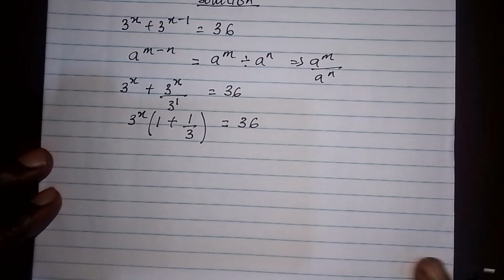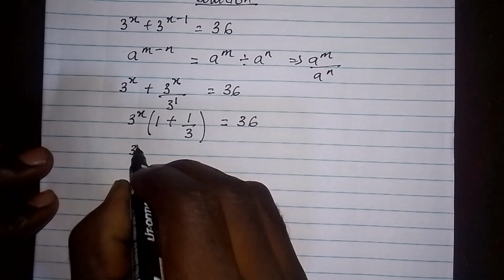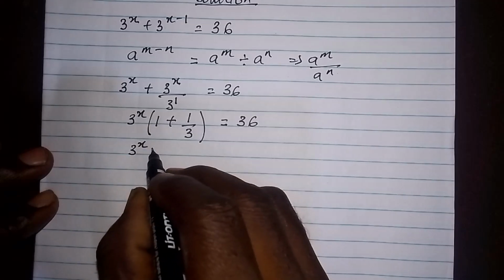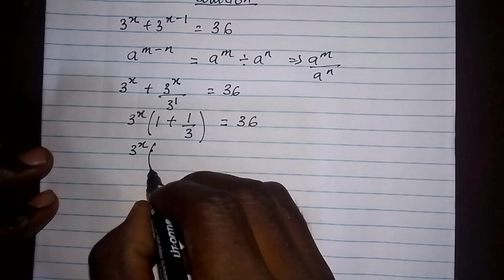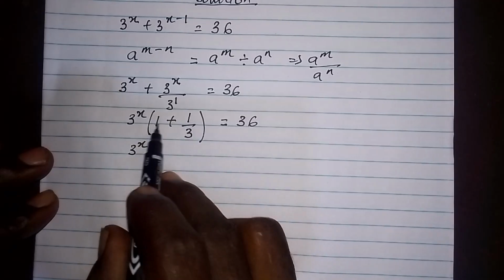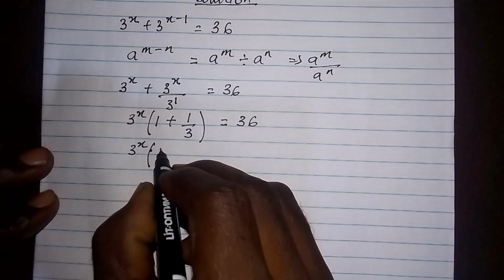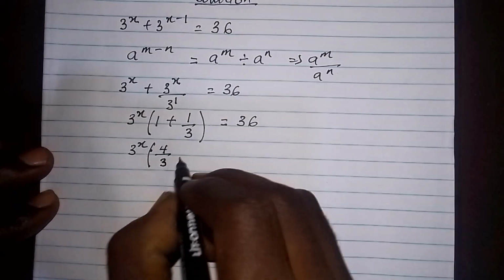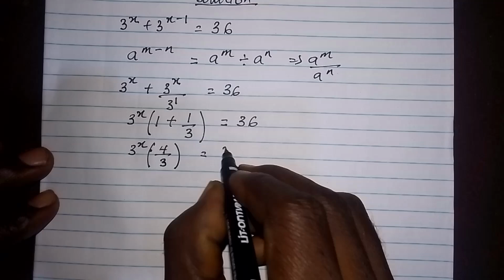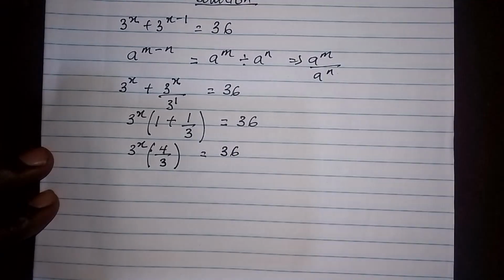From this, I have 3 raised to the power x, open bracket, that is 1 plus 1 over 3. We are adding them because they are like terms. I have here 4 over 3 equals 36.